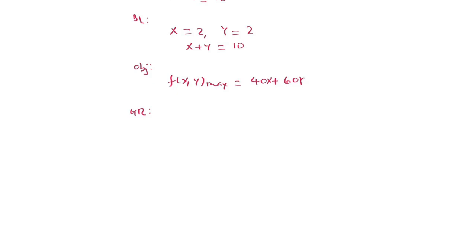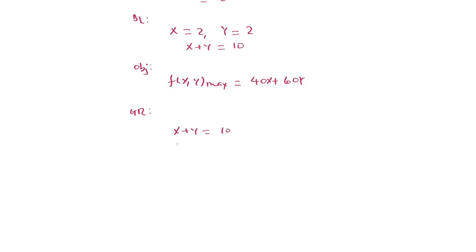Okay, so first we are going to start by shading the region for the non-negative inequalities. x is greater or equal to 0 and y is greater or equal to 0. Our next line is going to be x plus y equals 10. We are going to use the intercept method to find 2 points on the line.